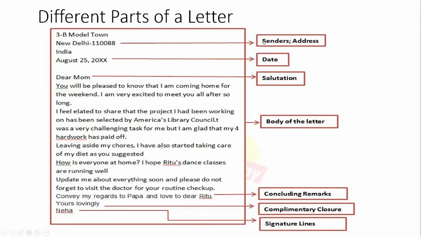So, the first part, you have to think of the sender's address. First, you write your place from where you are going to write the letter. Here, see a letter by an Indian: 3B, Model Town, New Delhi, India, August 25, 2020.